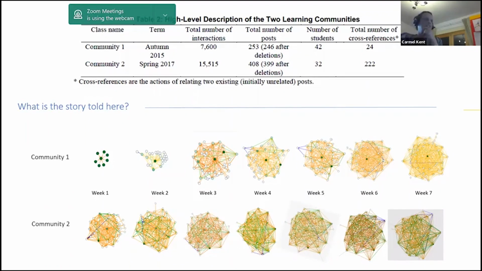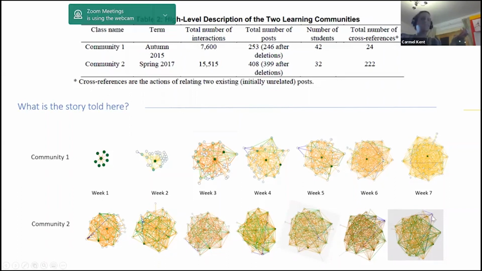The orange interactions are what we call consumption, which are essentially views. The green ones are contribution and updates of posts. And I will not mention the blue one, just for the sake of clarity of this discussion for now.